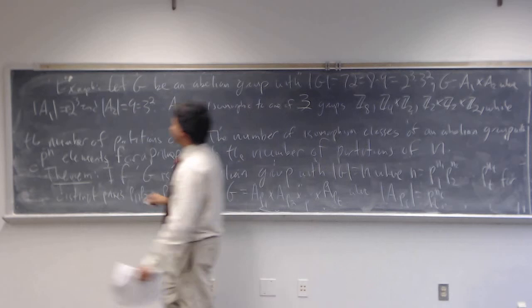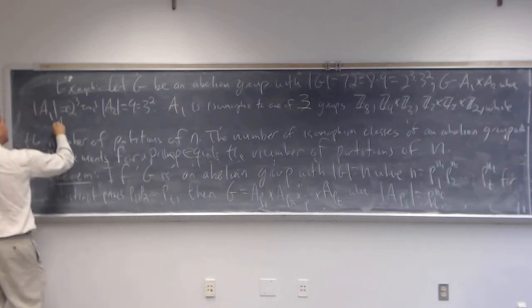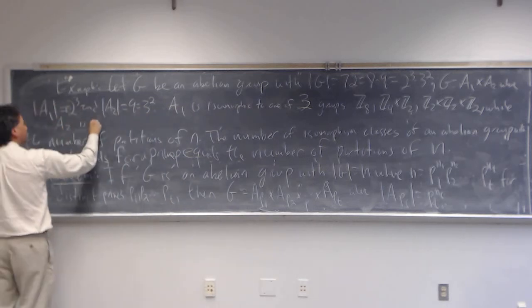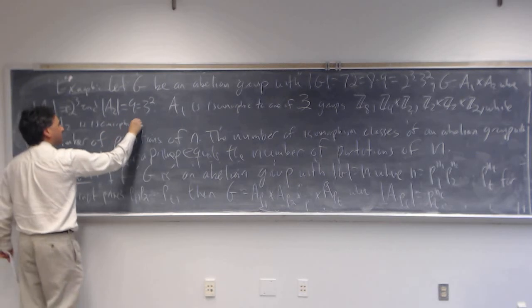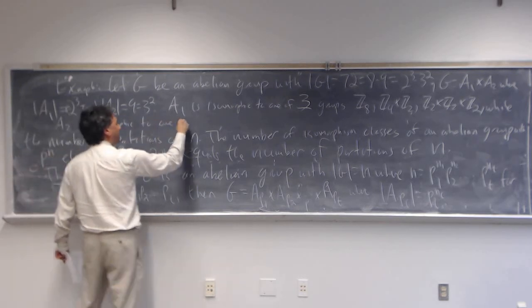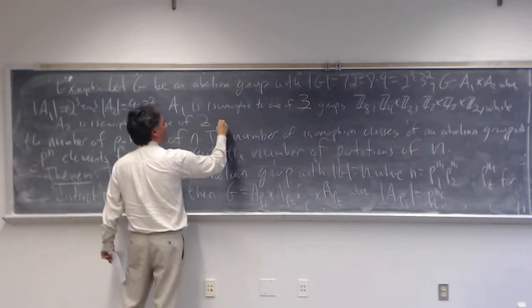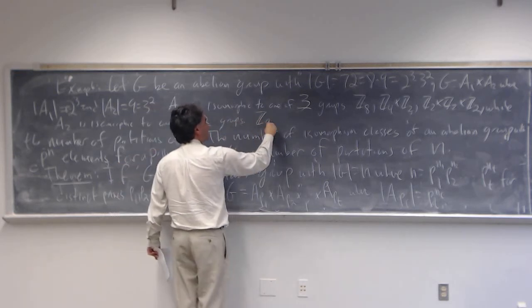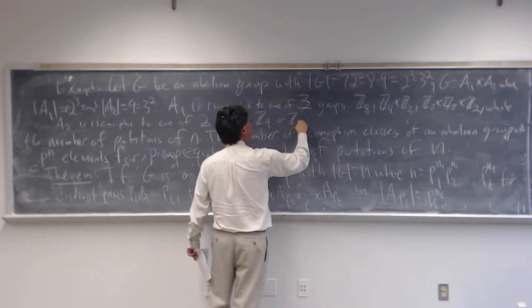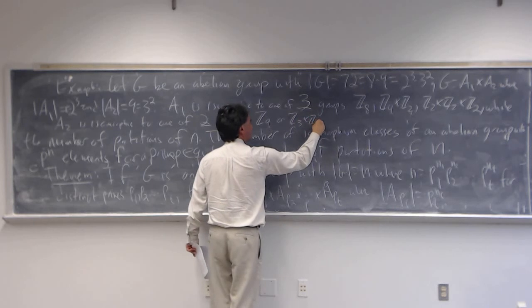Now A2, which has 3 squared elements, is isomorphic to one of 2 groups, either Z9 or Z3 cross Z3.